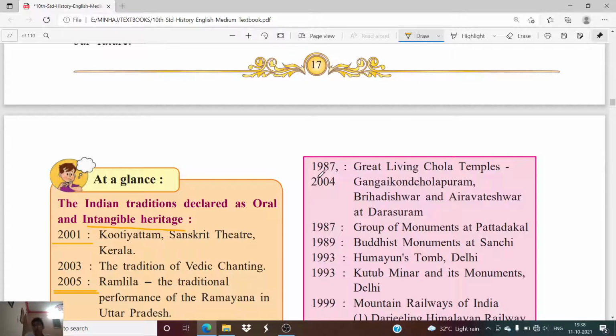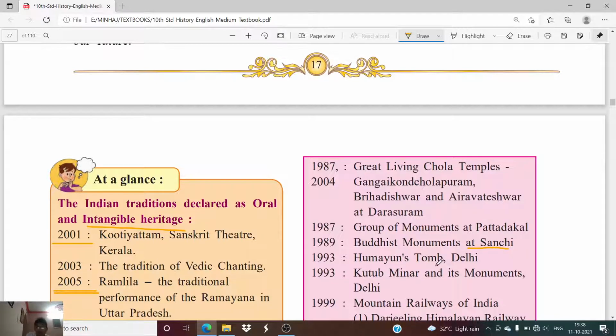So in 1987, Great Living Chola temples, then Gangaikondacholapuram, Brihadeshwar, and Airavateshwar at Darasuram. Then in 1987, group of monuments at Pattadakal. Then 1989, Buddhist monuments at Sanchi, which was built under the reign of Emperor Ashoka.